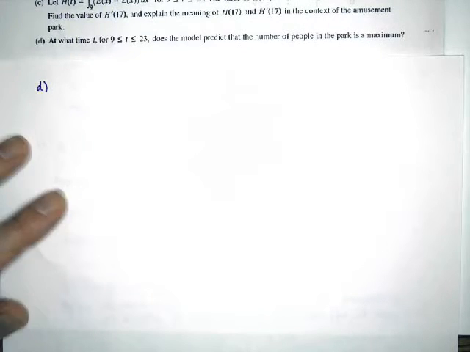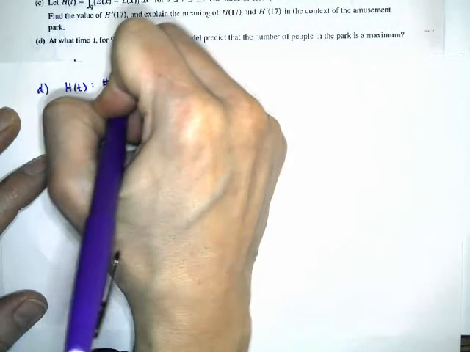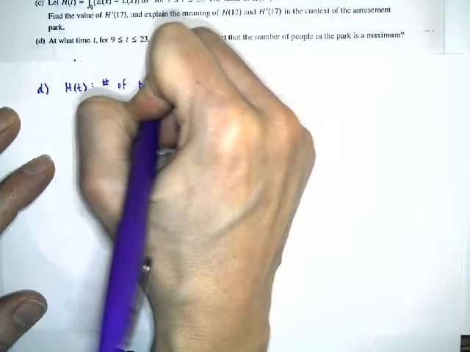Okay, so for part D now, at what time does the model predict that the number of people in the park is a maximum? Well, we said before, we know that h of t represents the number of people in the park.